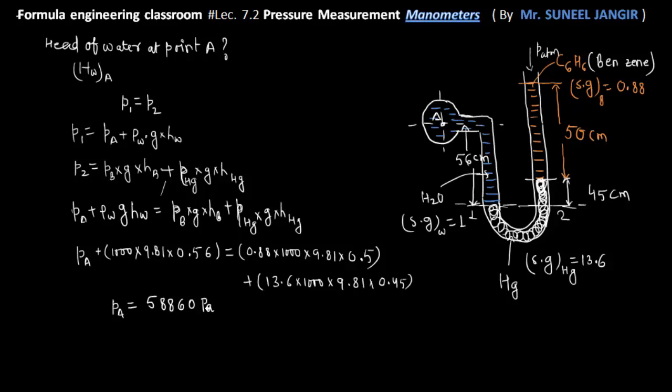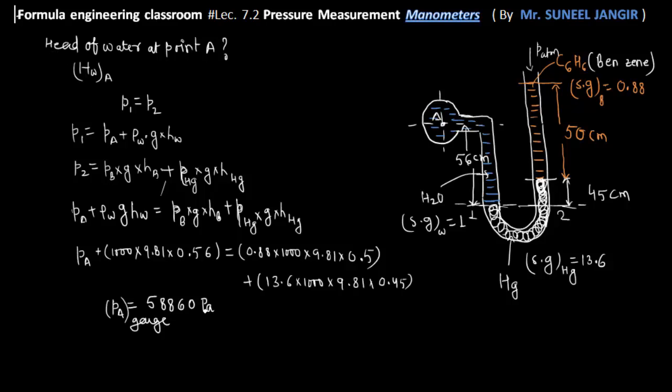Actually, I'm writing the value of PA; I'm subtracting this value from all these values, and finally I'm writing this as 58860 Pascal. This is PA, the gauge pressure at the point A. Obviously this is gauge pressure.